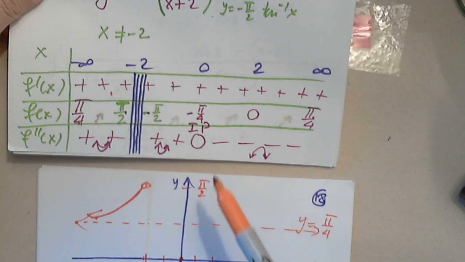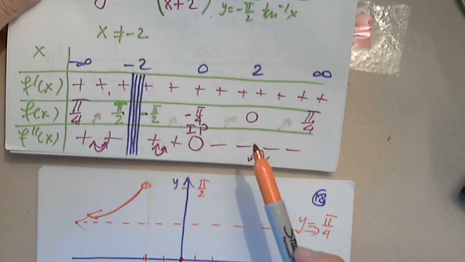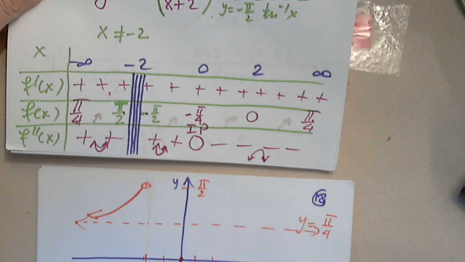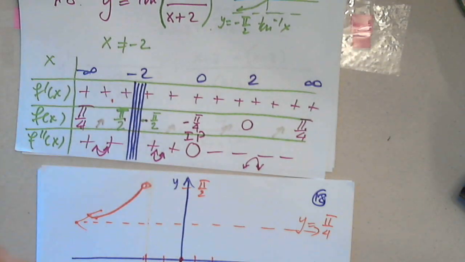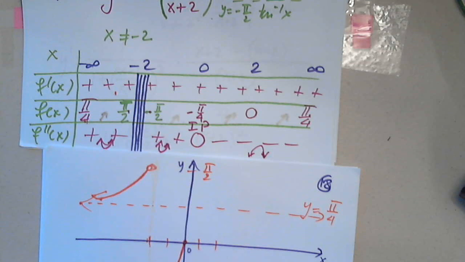It changes concavity. I'm sorry. It's at 0, -pi over 4, right here. I'm trying to finish in 5 minutes. Nobody's fault, but mine.